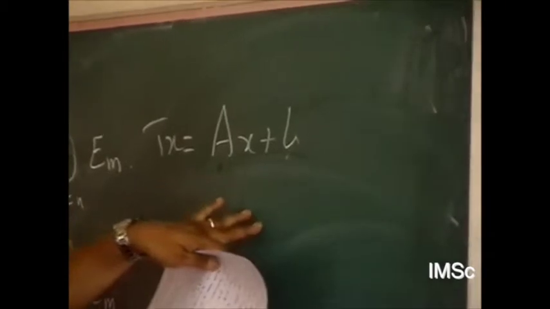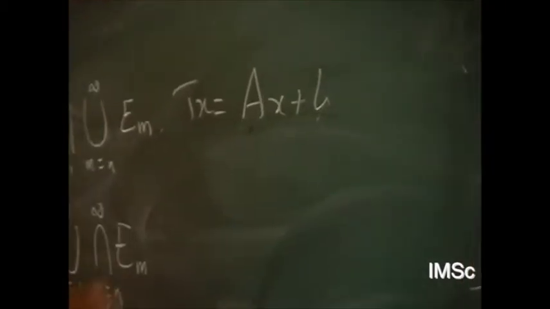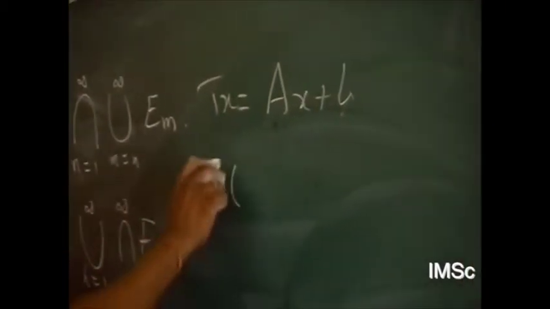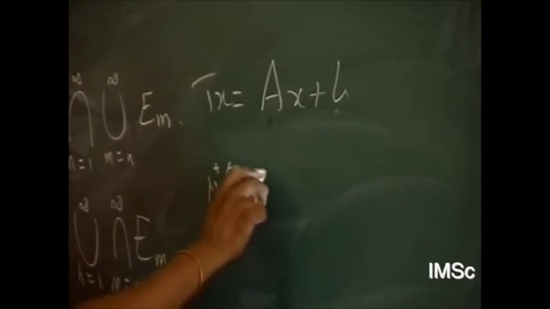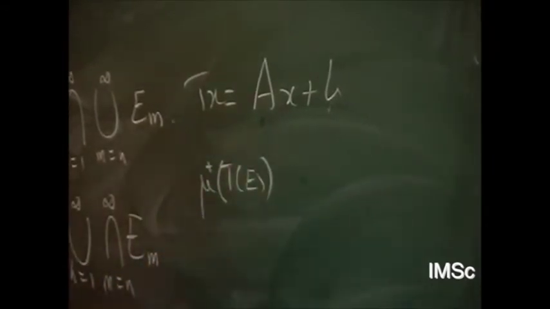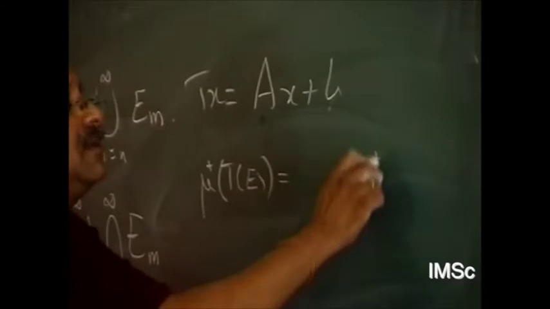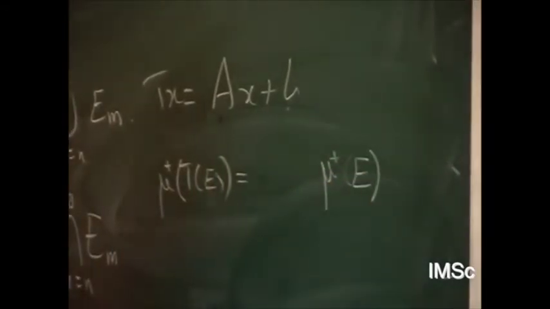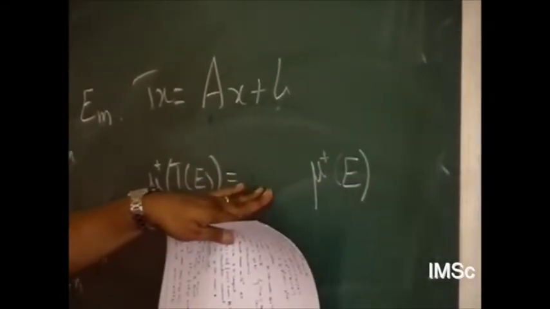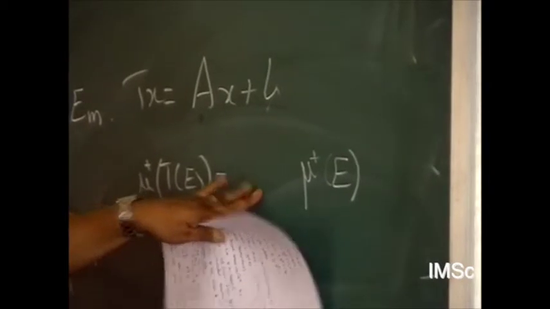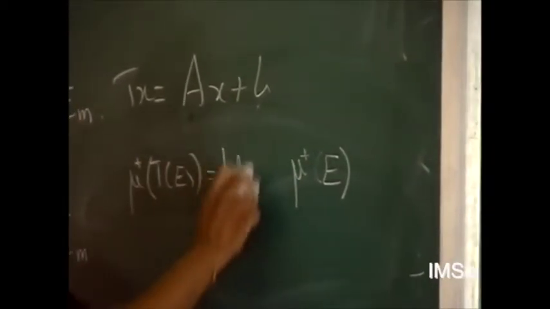Otherwise, this is called the affine linear map. Then we can show that the measure of T of E is equal to the measure of E multiplied by a number. In one dimension it was alpha; here it is the modulus of the determinant of A.